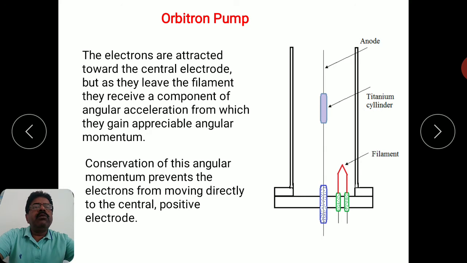Conservation of this angular momentum prevents the electron from moving directly to the central positive electrode. So instead of directly striking the central positive electrode, they are continuously in motion because of this angular acceleration, and they travel a very long path during this course of motion.